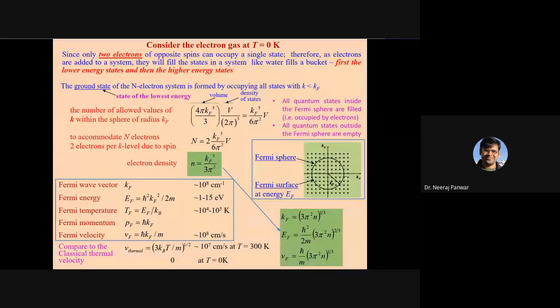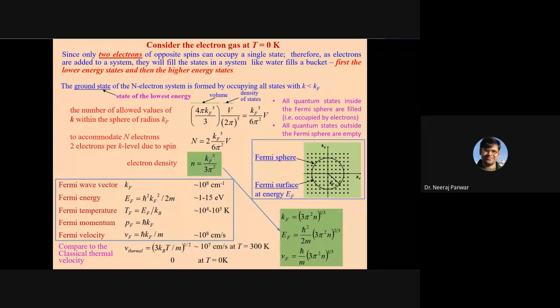All the k states above the Fermi level will remain empty. So we calculated the Fermi radius of this sphere, which is known as the Fermi wave vector, and it has a relation with the electron density. The relation is n equals kf cube divided by 3 pi square.